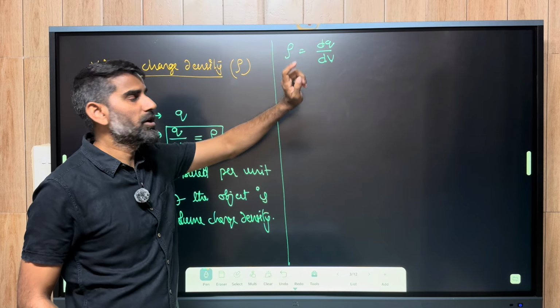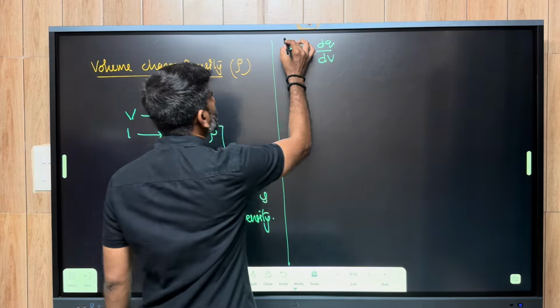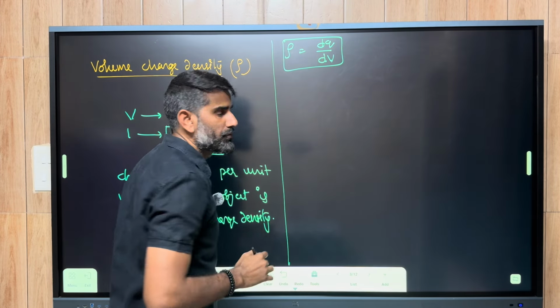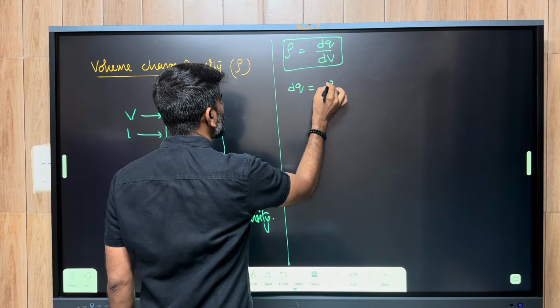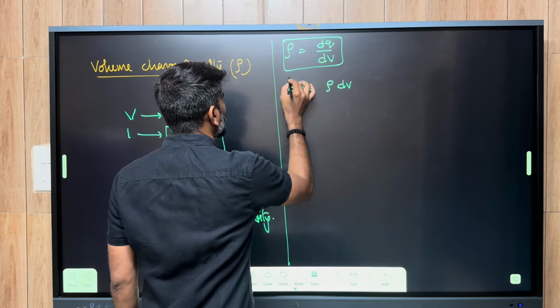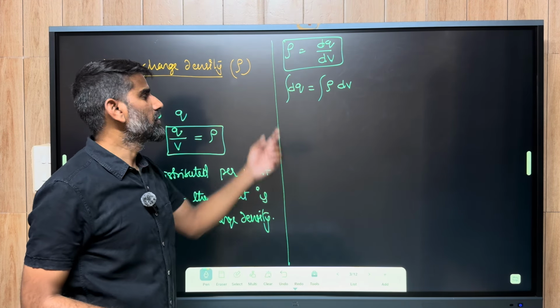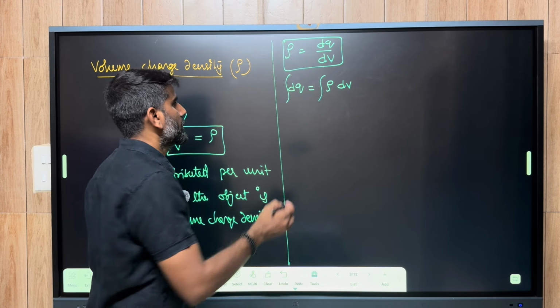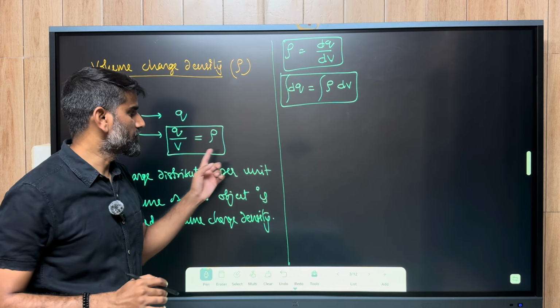The ratio of dq and dv is nothing but volume charge density. Rearranging, dq is equal to rho dv. If I want to find the entire charge of the object, then I have to integrate. Hope the steps are clear to you.